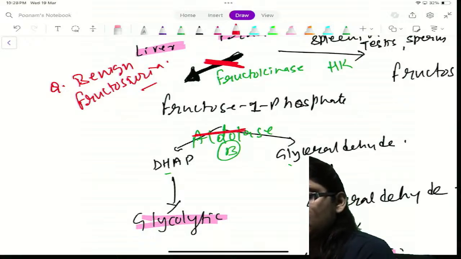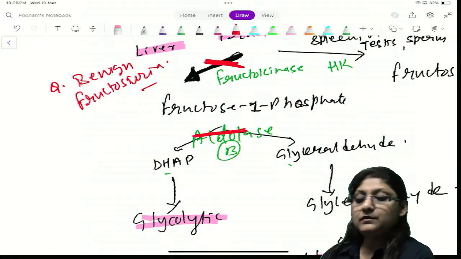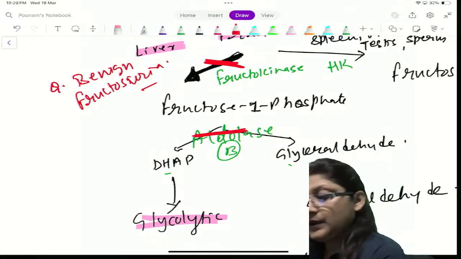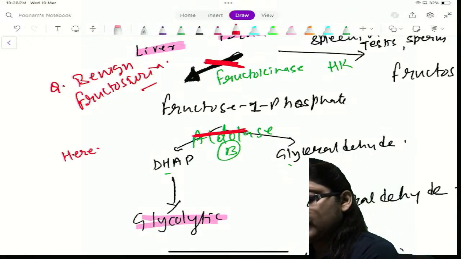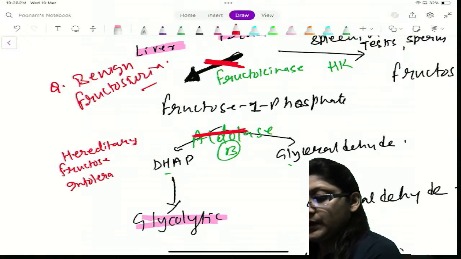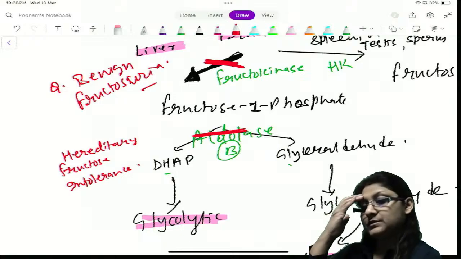Another deficiency is seen for aldolase B, the deficiency of which will result in hereditary fructose intolerance.